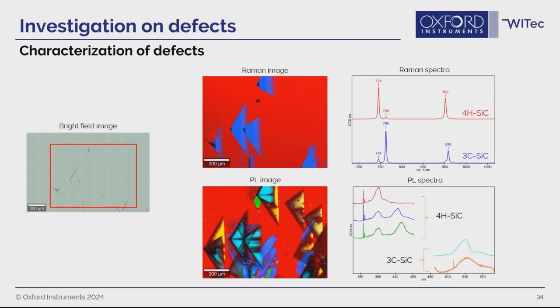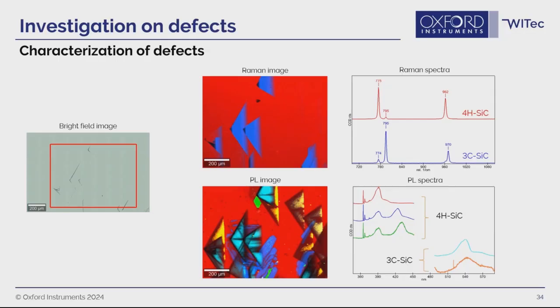For 4H silicon carbide, the band gap is observed at 391 nanometers, which corresponds to 3.17 electron volts. A second peak can be observed at 431 nanometers, which correlates with 2.88 electron volts.